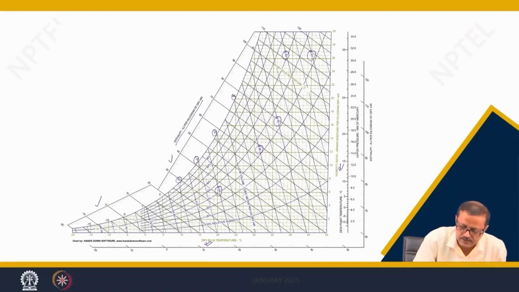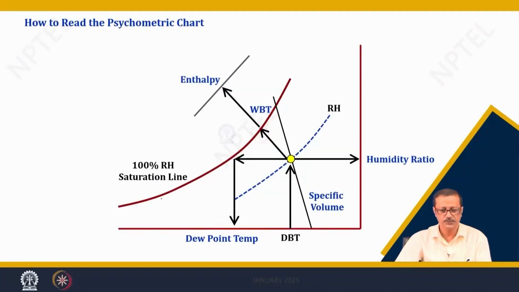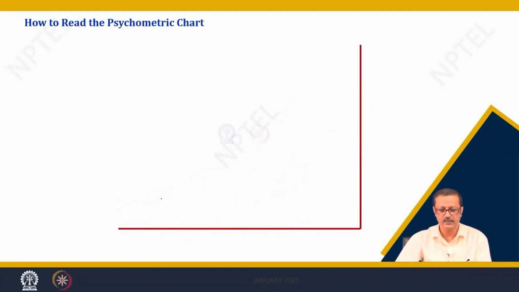Okay. And these curved lines are your relative humidity, 10%, 20, 30 like that, and finally, the last one is your 100%. Okay. So, now if I go back to the next slide.